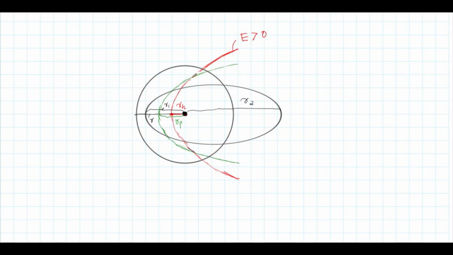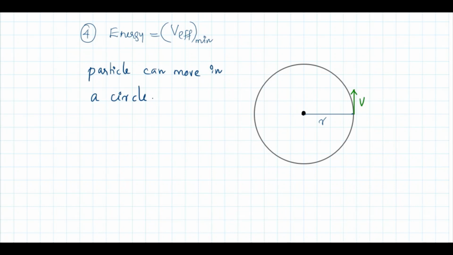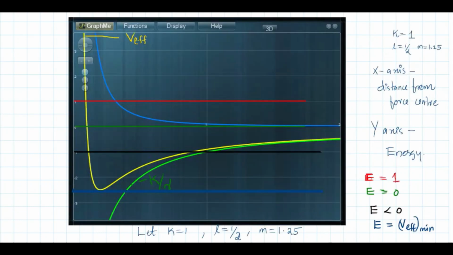This green one is with E equal to 0, and the distance from the force center is slightly higher compared to the hyperbolic orbit. The third one is with E less than 0, and there are two bounds, R1 and R2, and the R1 value will be greater than RP, and that is also clear from this graph.